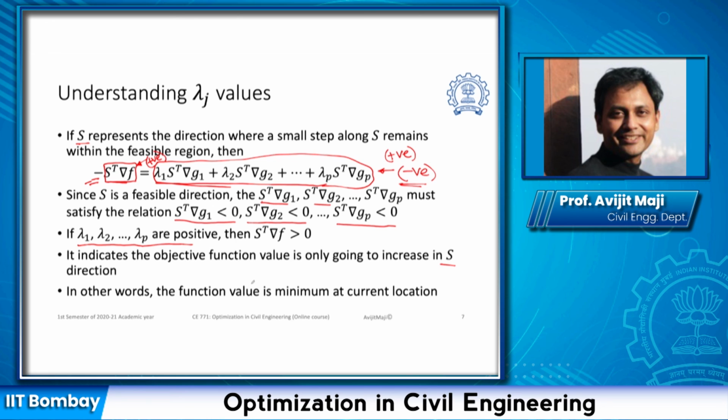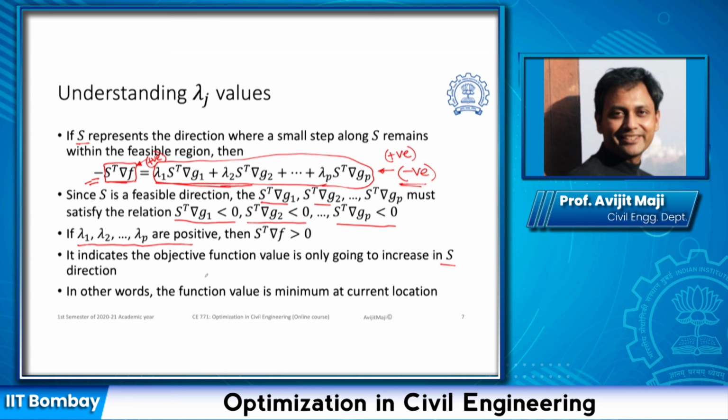So in other words, if we are at a point, and from there we are trying to find a direction in which all the constraints, rather the active constraints, are satisfied, and the Lagrange multipliers are found to be positive, then in that direction my function value is going to be increasing, which means that we are actually at the minimum point.